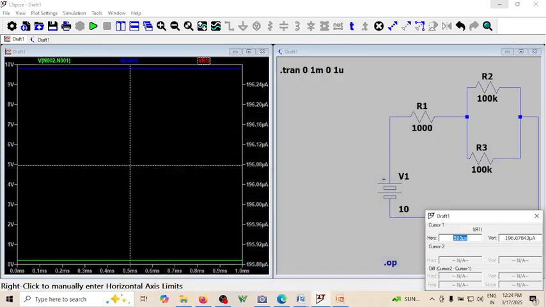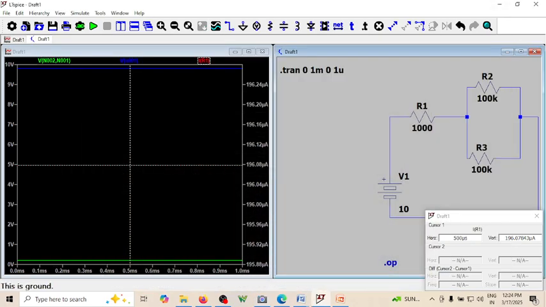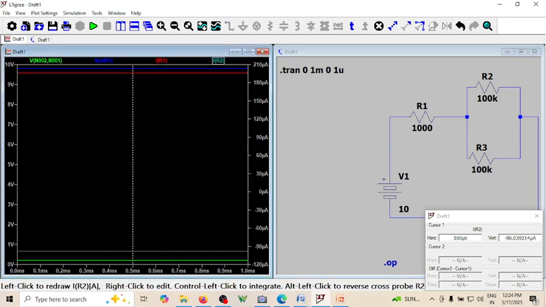So let us see the current through this one. It's actually opposite to the direction we assumed. That's why it comes as minus 98 something, because the arrow of your current is going in the opposite direction as compared to our assumption. So that's why this current is negative.